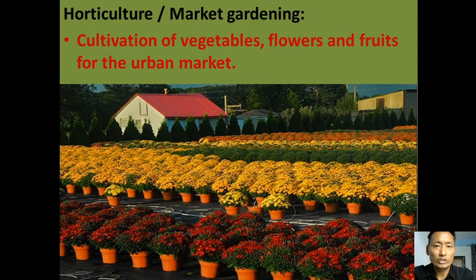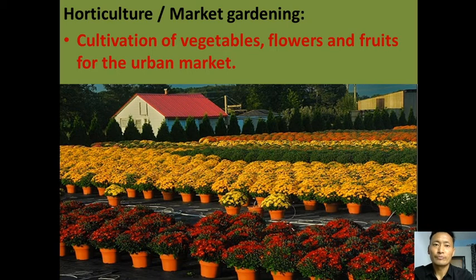Next is horticulture, or market gardening. What is meant by horticulture or market gardening? It means the cultivation of vegetables, flowers, and fruits. This cultivation is done mainly for urban people. Why? Those people living in urban areas are engaged in secondary and tertiary types of activities, but they need vegetables, fruits, and flowers in their daily life.